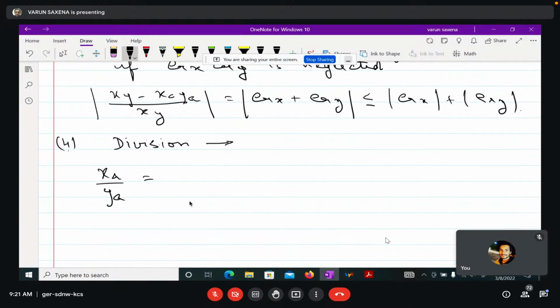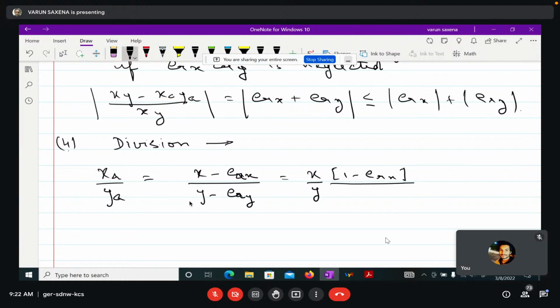So this would be basically x minus erx divided by y minus ery, sorry, ay. Okay. So now if I take x common in the numerator and y common in the denominator, I get x over y like this, and here I get 1 minus relative error in x divided by 1 minus relative error in y.